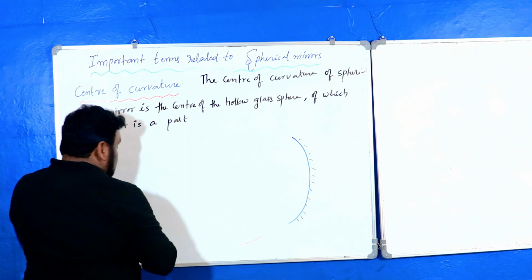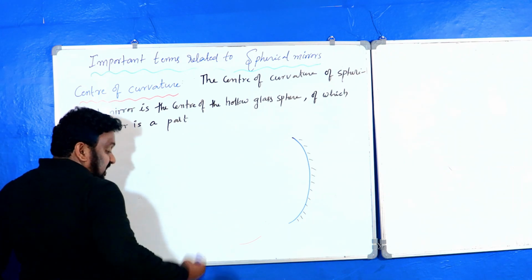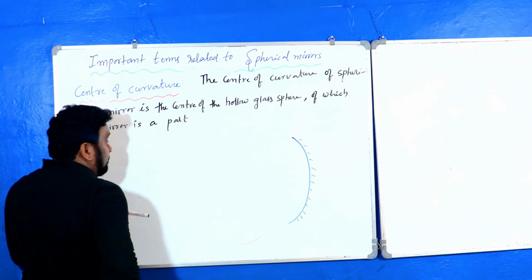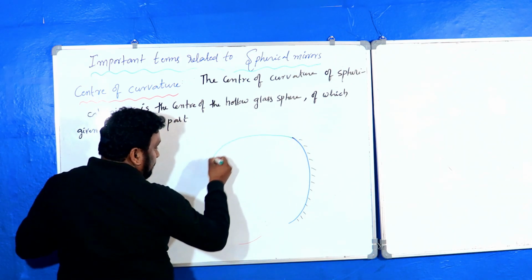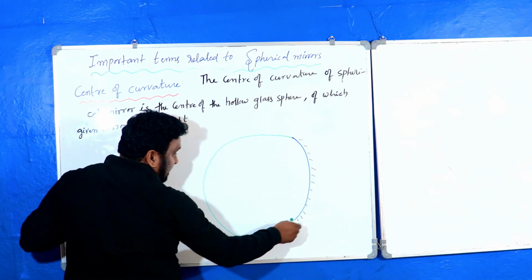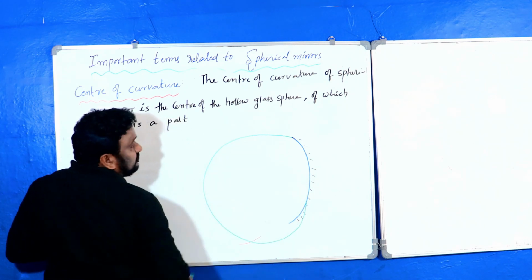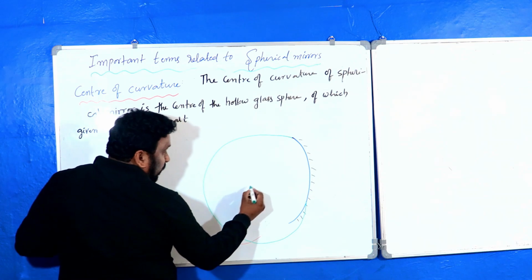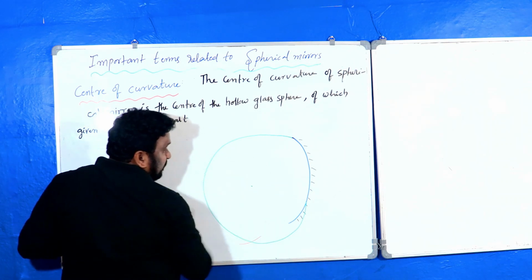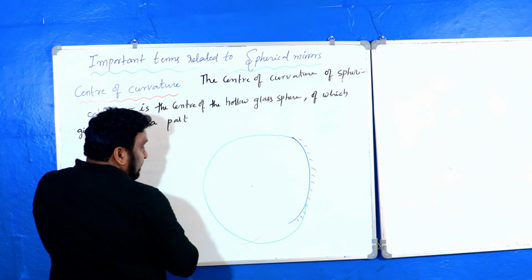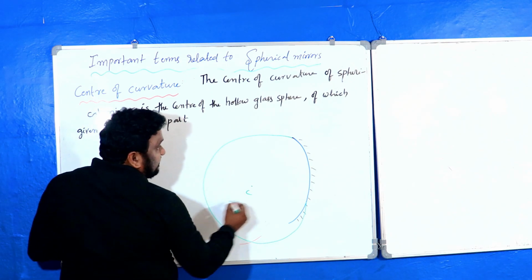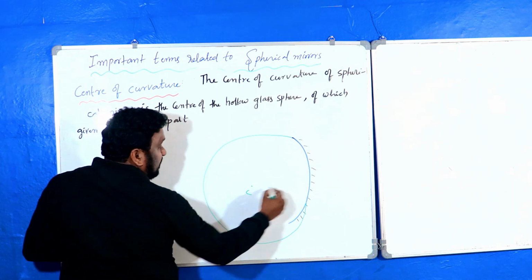Clear? If we construct one sphere by taking the concave mirror as a part like this, then its center is here. This is the center of the sphere, so obviously it is called the center of curvature of a concave mirror.